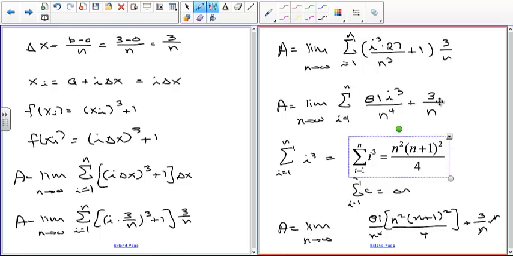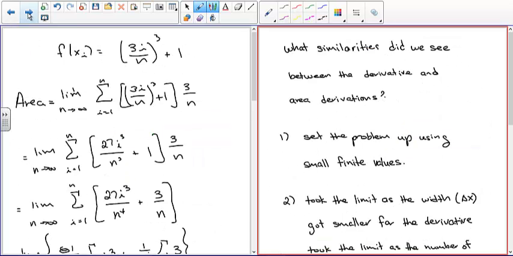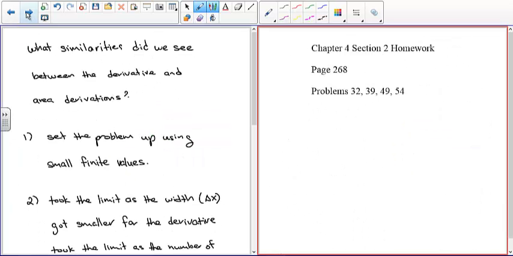Okay, so the summation of this became that. The n's cancel out. I expand this thing out, plug that in. I didn't forget the 4. Plus 3. Okay, I probably have worked out the problem. Let me see what I got. Well, actually I don't have it worked out.